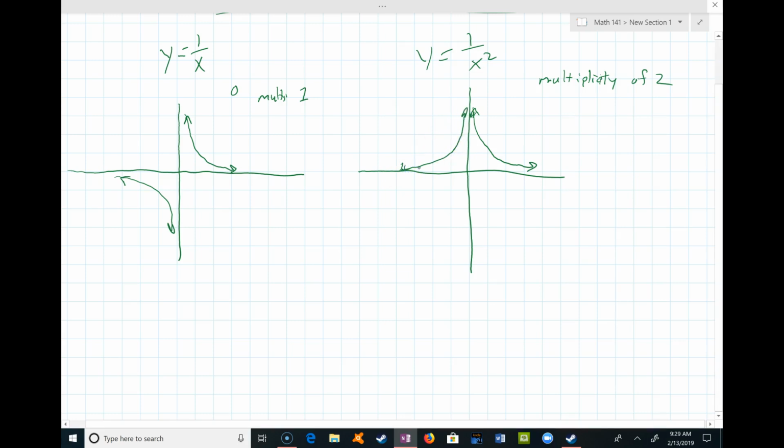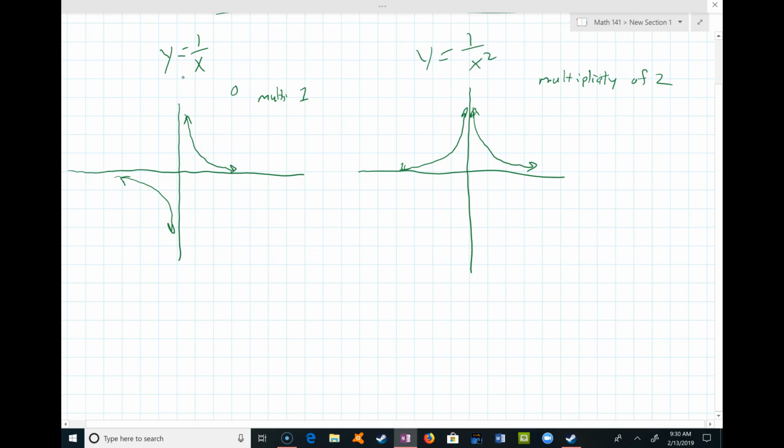It has an asymptote in the same place, but the behavior on either side of the asymptote is the same. Here it's different, there it's the same. By behavior, I mean what is the graph doing as it gets close to the asymptote. So here, as I get close to the asymptote on one side, it's going towards negative infinity. As I get close to the asymptote on the other side, it's going to positive infinity. Over here, they're both going to positive infinity.